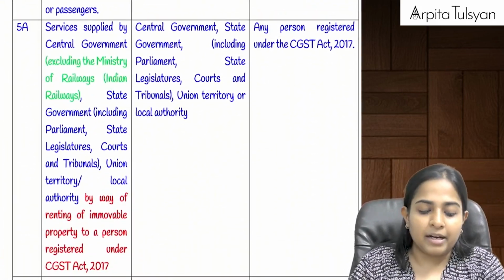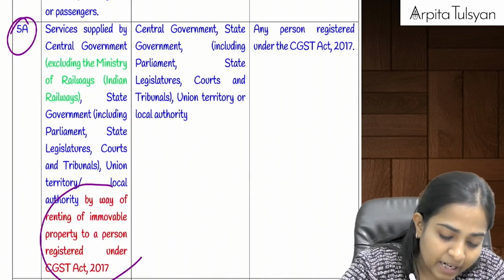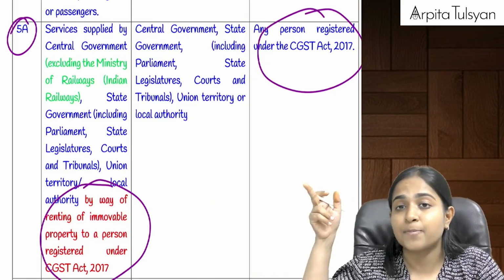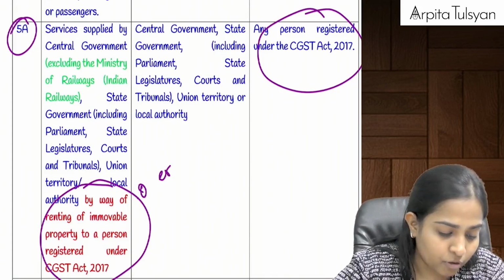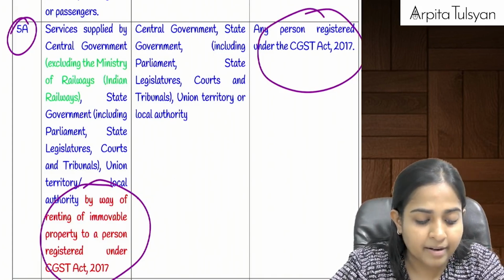Second one, similarly, do you recollect this entry number 5A, where we had discussed renting of immovable property to any registered person? Above it was any other services provided to business entity. Here it was any other services. Here it is renting of immovable property services to any registered person.